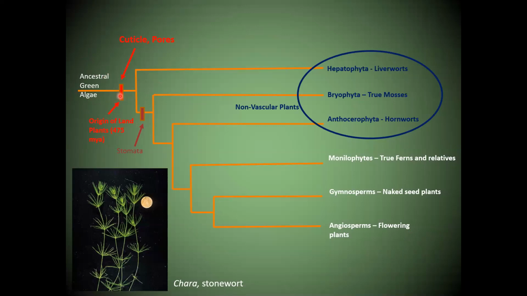So green algae are the ancestors to all the modern plants today, right? Modern and extinct plants, and that's what I wanted to mention first over here, right?